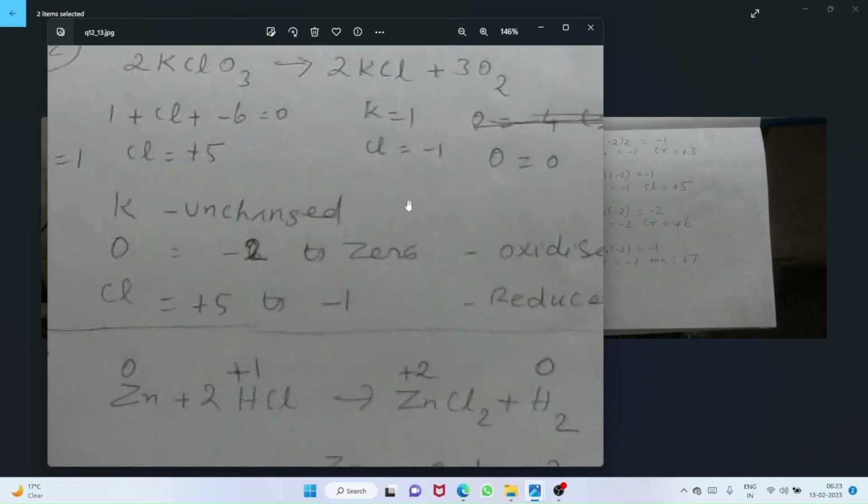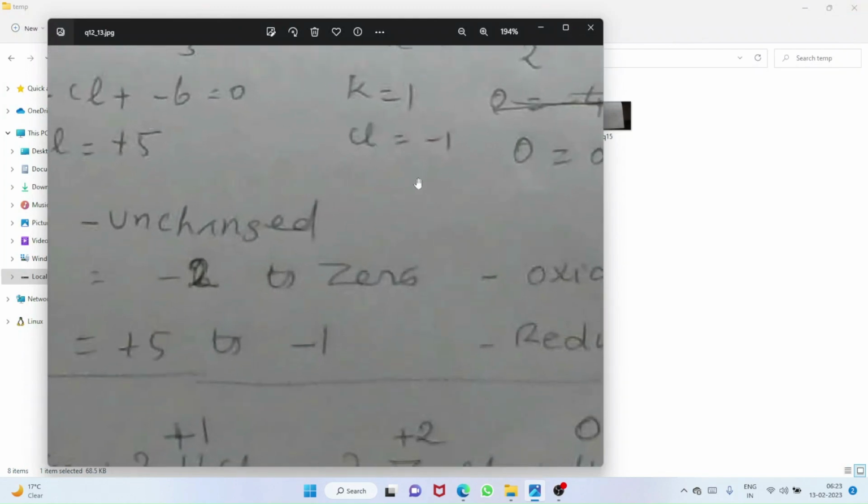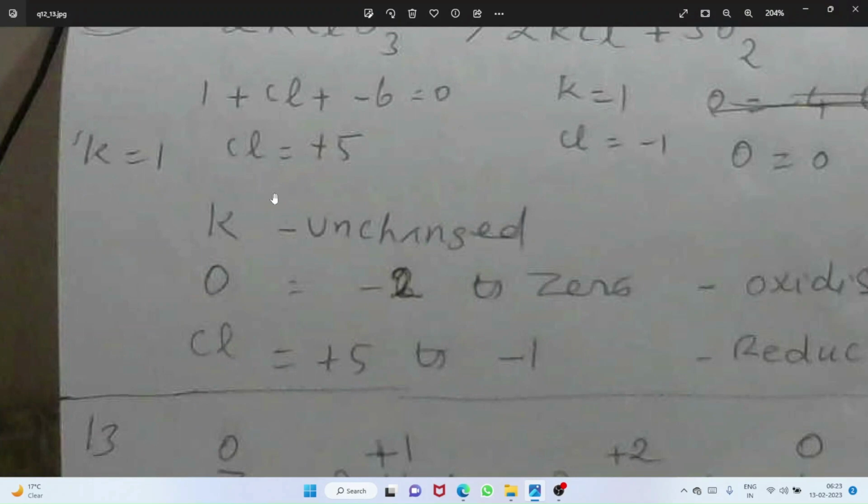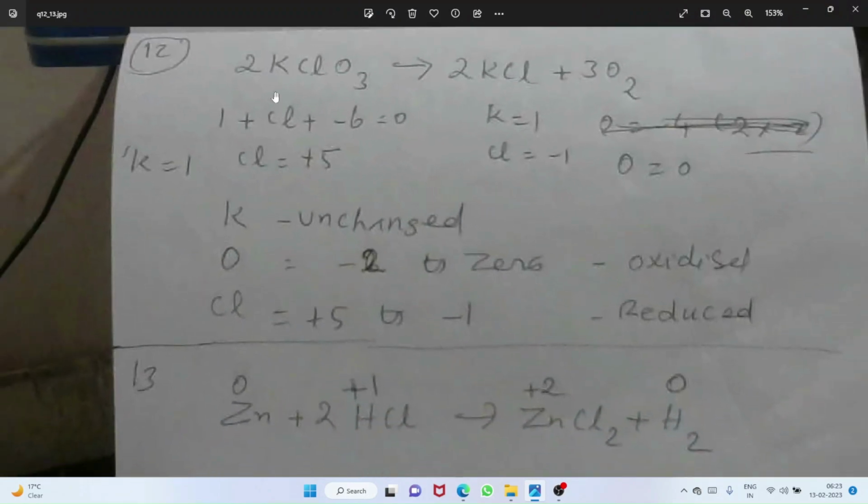Okay, this is the reaction. So you have to find out the oxidation number. So K is unchanged.